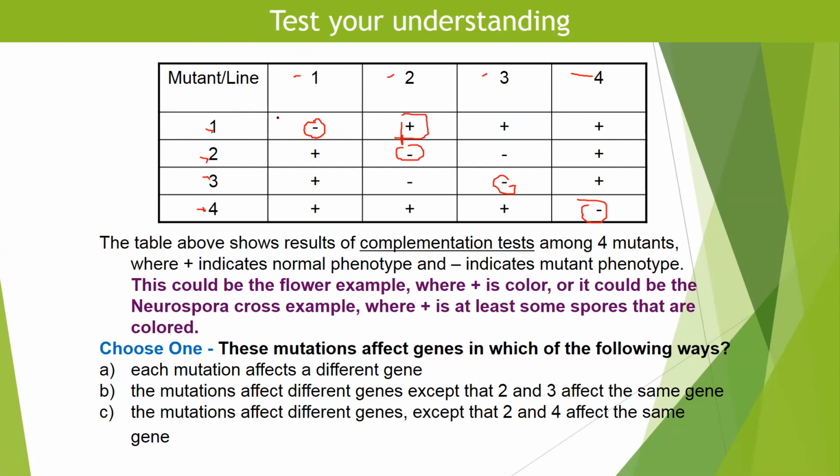So if we do the complementation test, this mutant can complement this one. The same for this one. So 1 and 3 can complement. If you cross these two, it will produce the wild type progeny. The same thing here. However, if you cross number 2 with number 3, you do not produce any wild type progeny, which means these two mutant lines cannot complement each other.